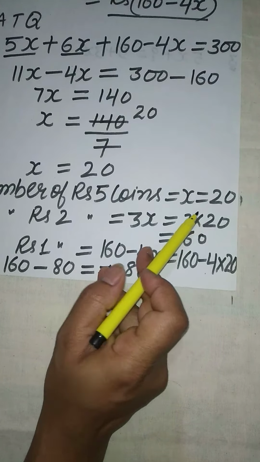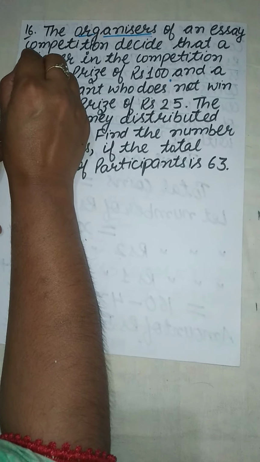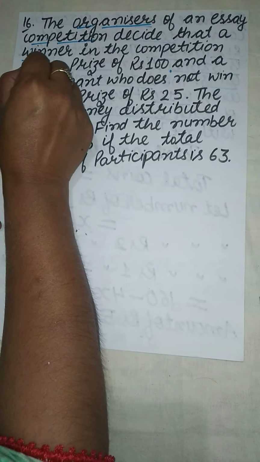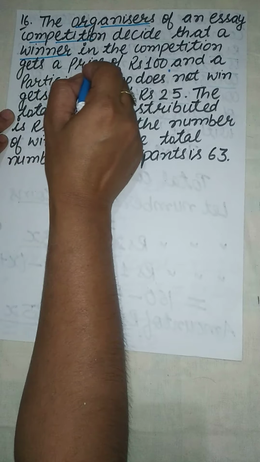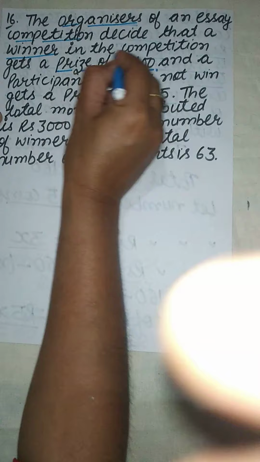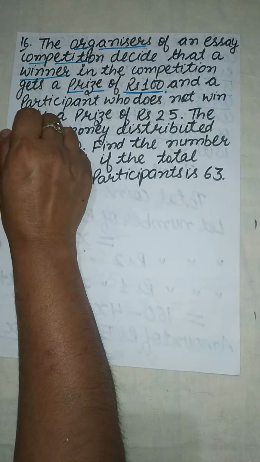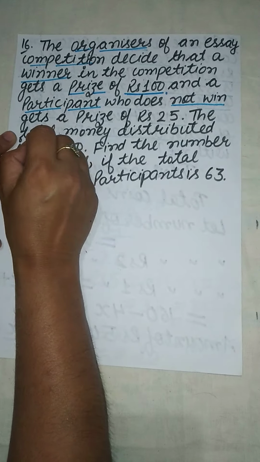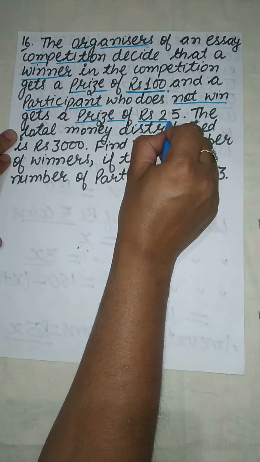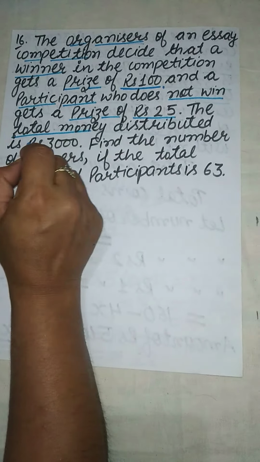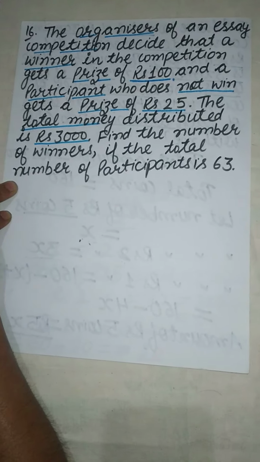Question number 16. The organizers of an essay competition decide that a winner in the competition gets a prize of rupees 100 and a participant who does not win gets a prize of rupees 25. The total money distributed is rupees 3000.